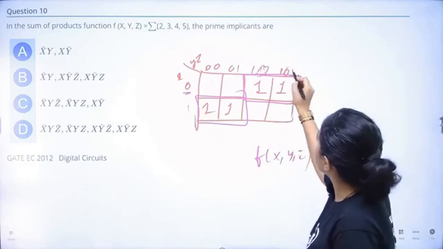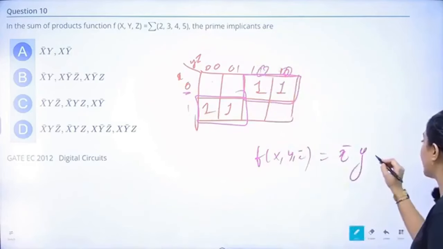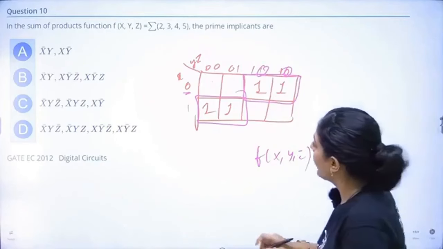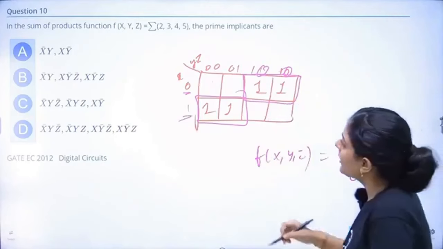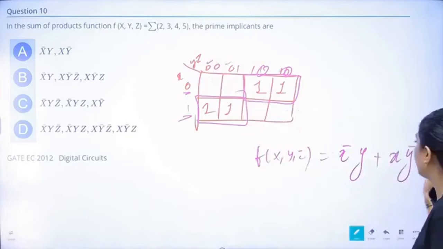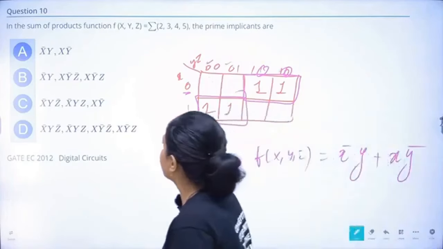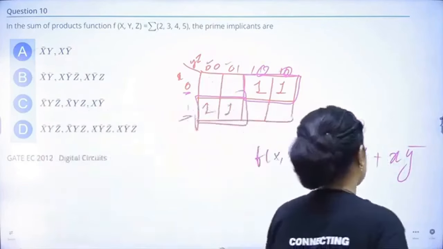Here this is the complement, so which is common: y, and y bar. Here x is 1, x and x is common, y bar. Your prime implicants.